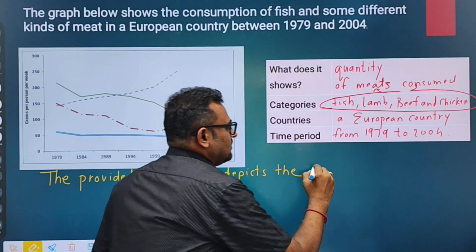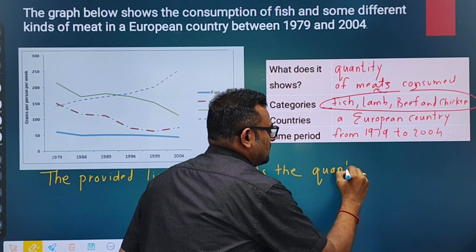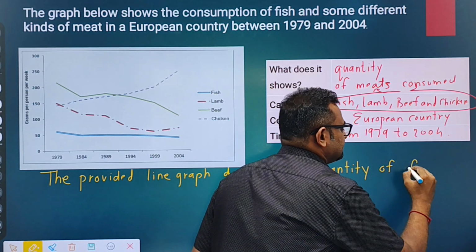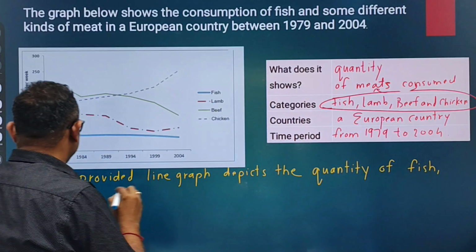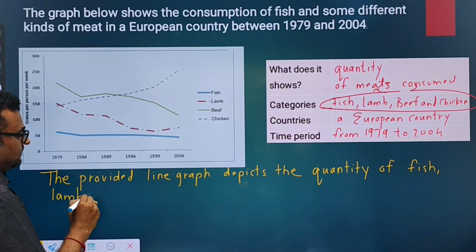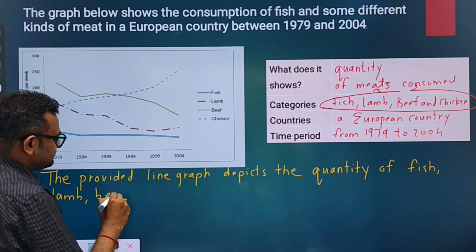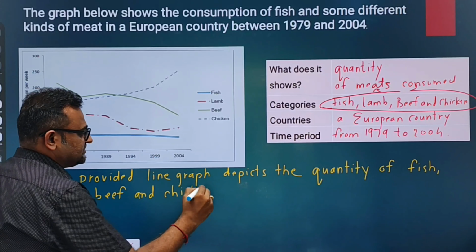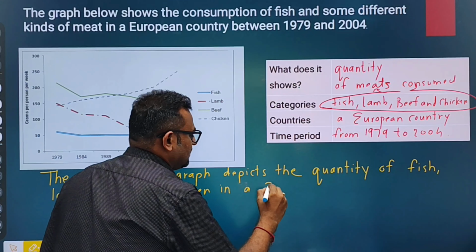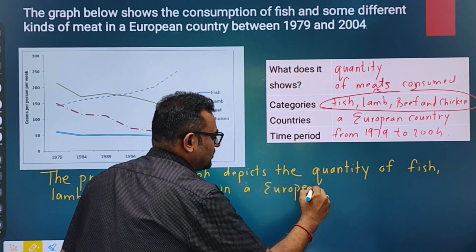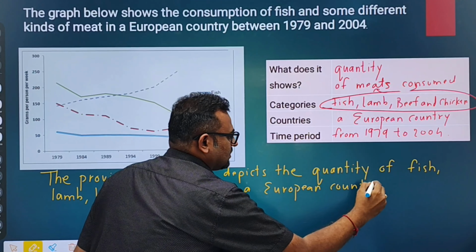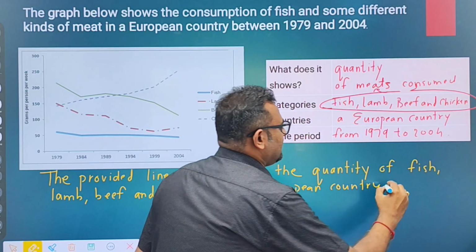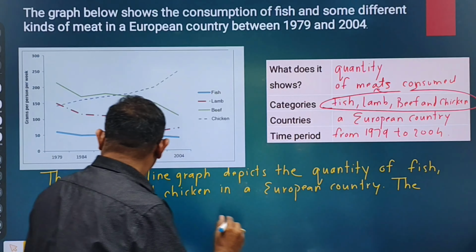Quantity of, instead of meat, I will write down fish, lamb, beef, and chicken in a European country. Okay, time element. The time element, the information is given.